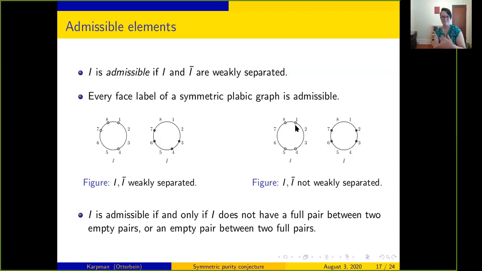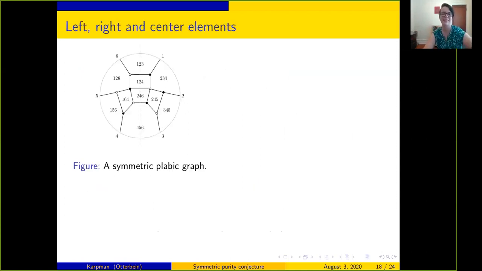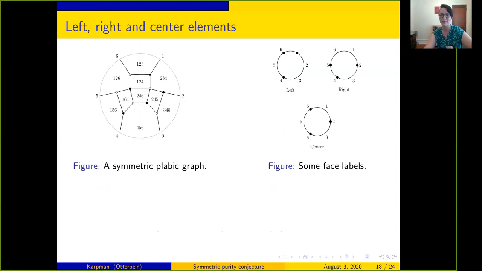So possible elements of a symmetric weakly separated collection have to follow this rule that you can't have full and empty pairs alternating as you scan from top to bottom. Based on this, we can classify face labels and tell where they're going to land on a graph automatically.